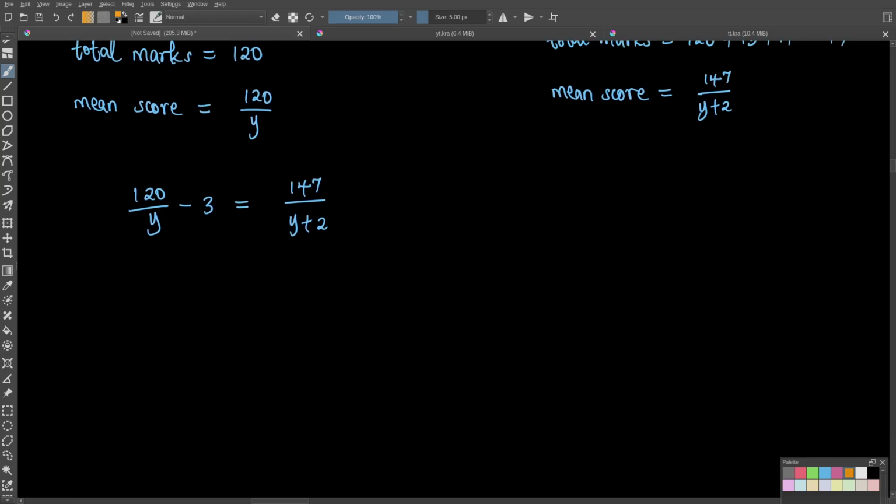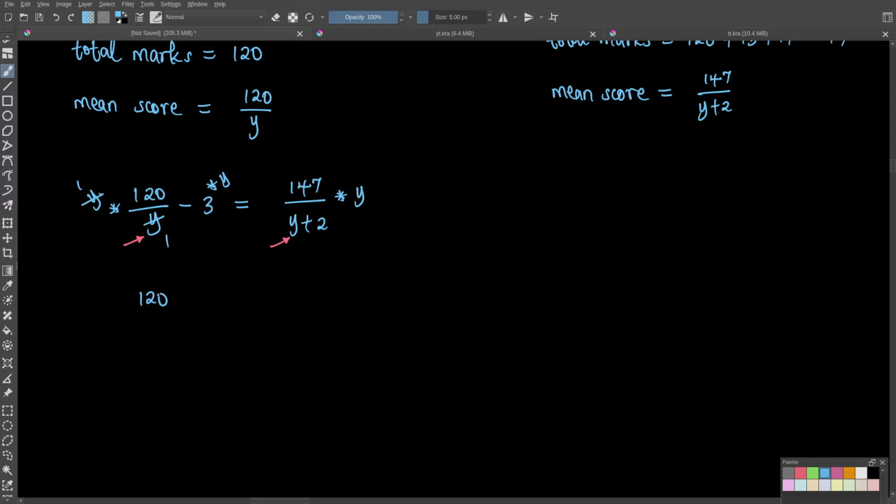Okay, so let's start solving this. In our equation, we have this denominator Y, and this other one, Y plus 2. We need to get rid of those. Let's start with the Y. To get rid of it, we just multiply each term by Y. For the first term, by Y, this is 1, and by Y, this is 1.